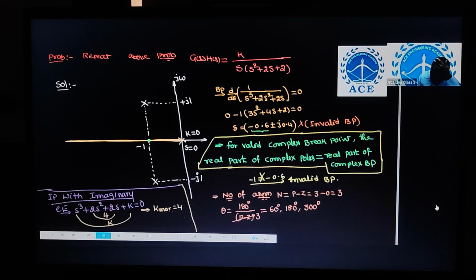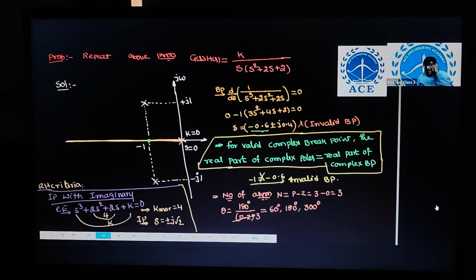Next, frequency of oscillation is root 2. So the intersection point is s equal to plus or minus j root 2. Check it with the RH criteria. Okay, so the intersection point is plus or minus j root 2.